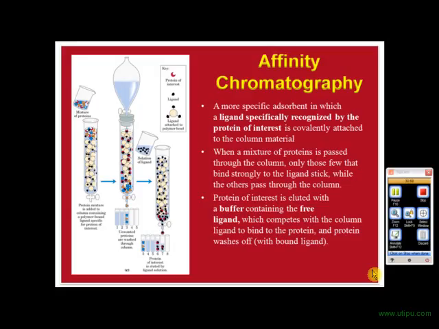So when the solution is passed through the antibody-coated resin, the specific antigen, which is a protein and may be your enzyme also, will bind to it and can be purified. This is the basic principle and methodology of affinity chromatography.